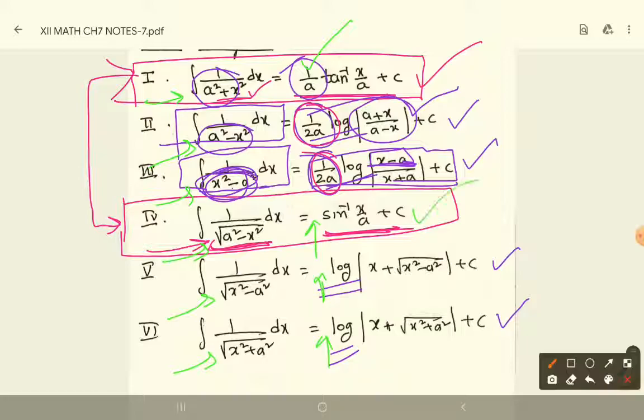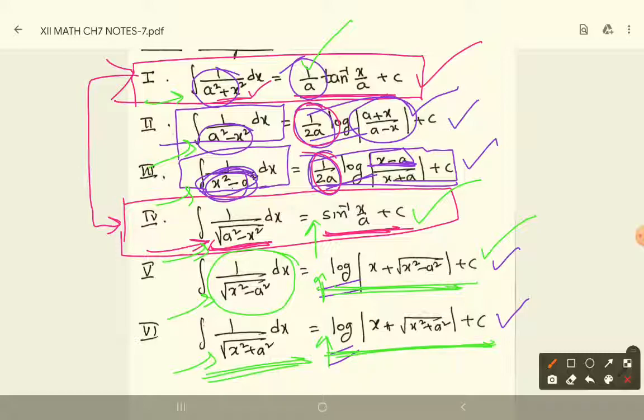Now sin inverse x by a, if you remember, the other two are related to log. So 1 by root x square minus a square is log mod x plus root x square minus a square. 1 by root x square plus a square is log mod x plus root over x square plus a square. These 6 formulas must be learned by heart by you. Everyone should know. You should keep all these 6 formulas in your mind.